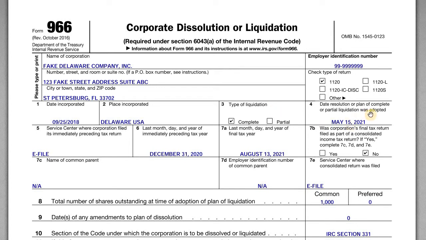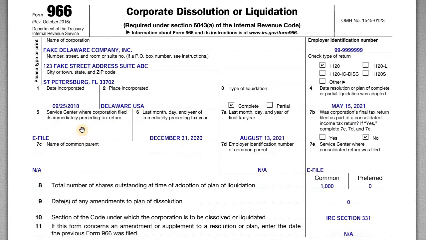So the date the resolution was adopted was May 15th, 2021. The resolution, so generally for corporations, this has to be approved by the board, right? So the board will basically draft what's called a plan of liquidation and dissolution. It'll contain various terms, they'll sign it, and it'll set a plan to liquidate the assets and dissolve the company.